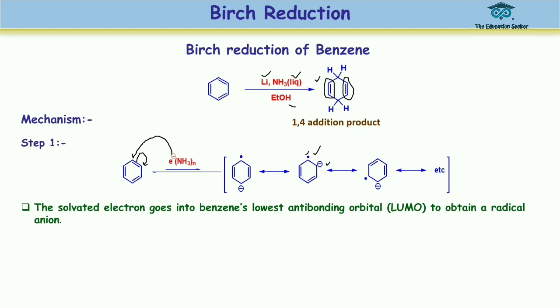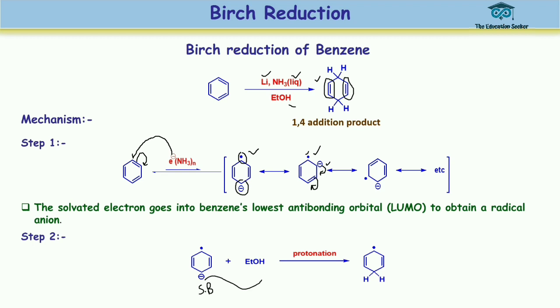In order to minimize this electrostatic repulsion, the negative charge will undergo resonance and come on the top of this carbon and form this radical anion. This radical anion is comparatively stable because the unpaired electron and the negative charge are not in closer proximity, right?